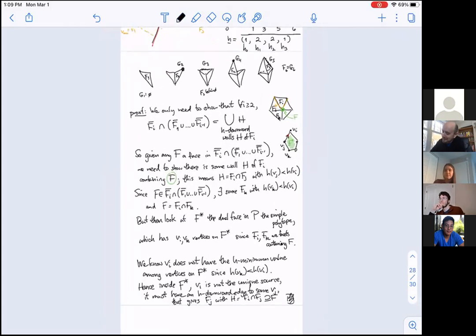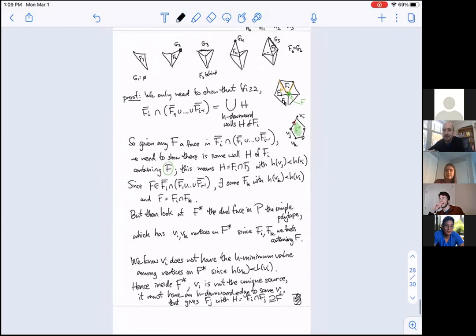Questions about this proof before we move on? So once we have the shellability, that was one of the missing pieces in our overview. Another missing piece was I was going to deduce the Dehn-Sommerville equations, the fact that HK is HD minus K. That's going to be really easy.